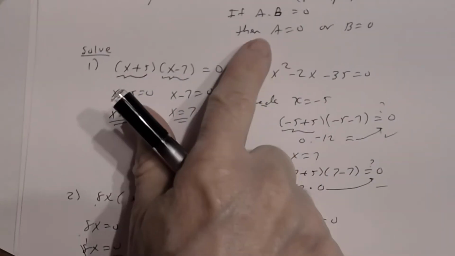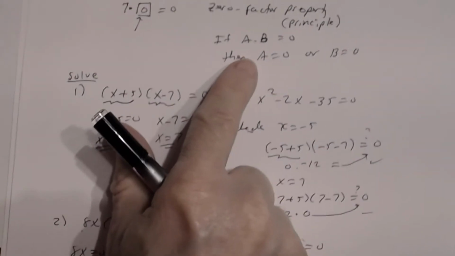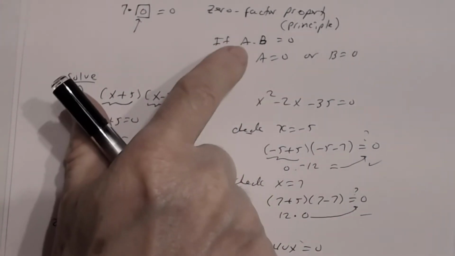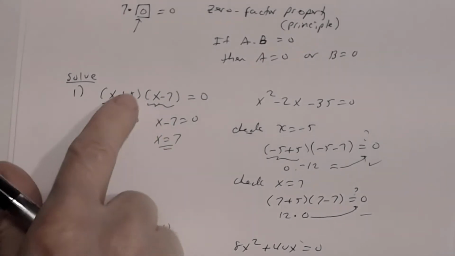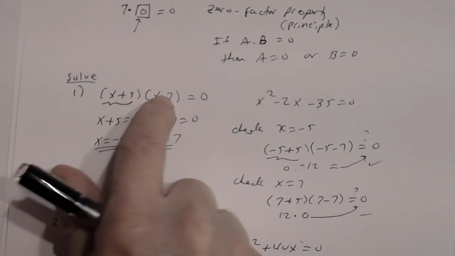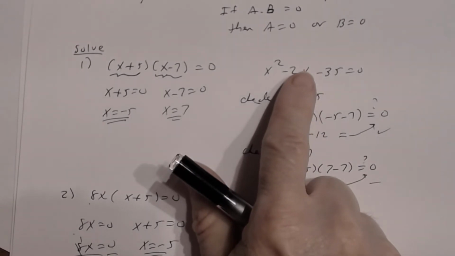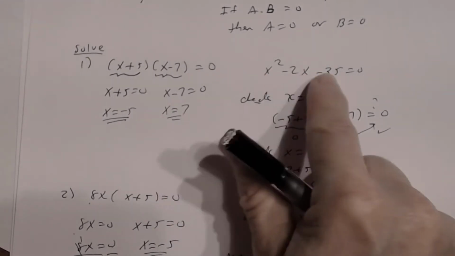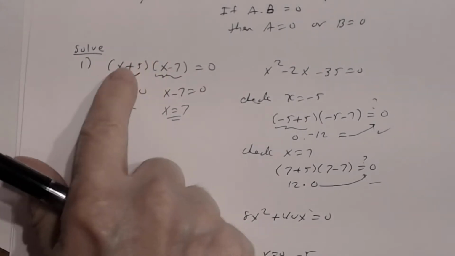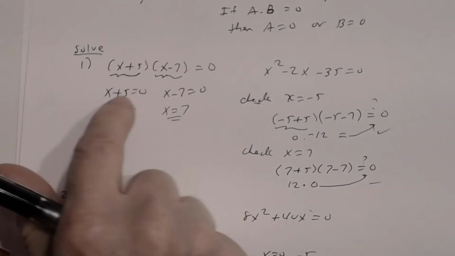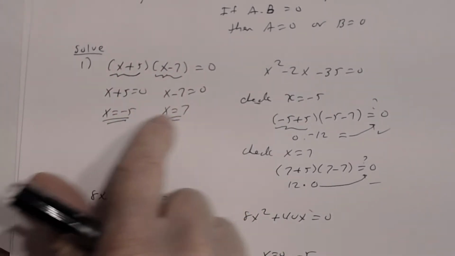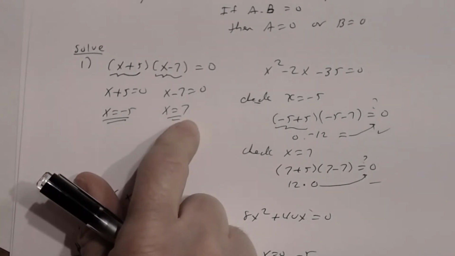So, zero factor property. Now notice what's happening. Whenever we use the zero factor property, this was in factored form. In a little while, you're going to go from a quadratic equation, you have to factor it, and once you factor it, you use the zero factor property, solve the equation, and find your solutions.